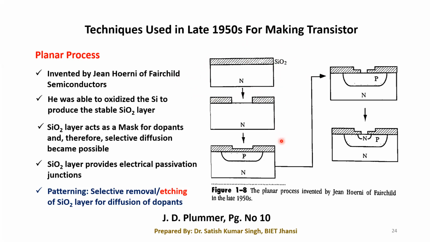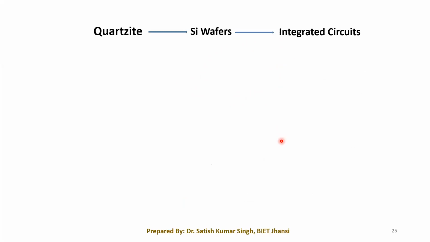Basically, what we want to know is that we have the quartzite. Quartzite means the available form of silicon in nature. It is available in the form of silicon dioxide, and then it has to be converted to silicon wafers.